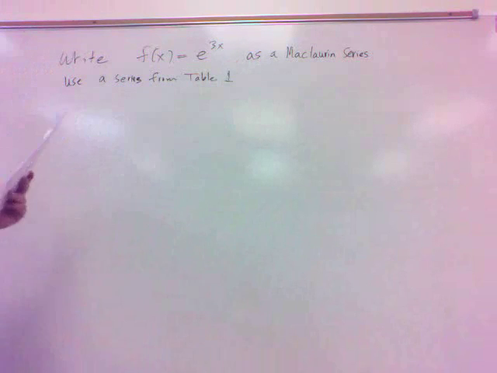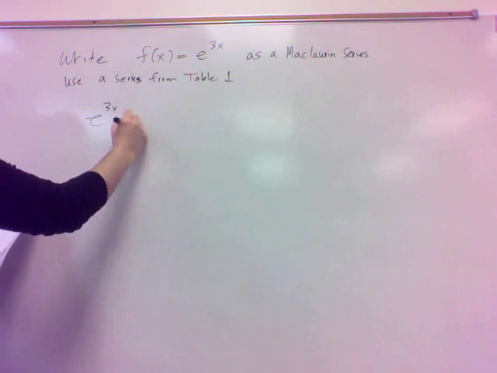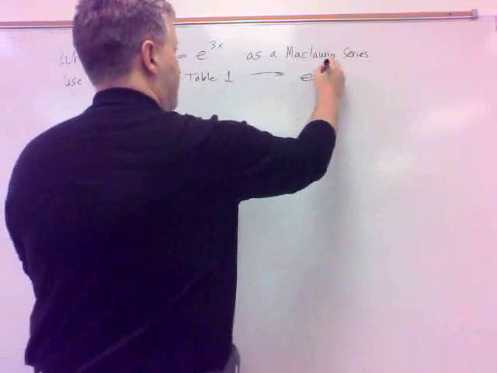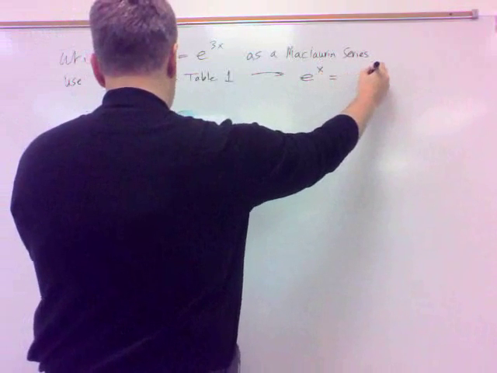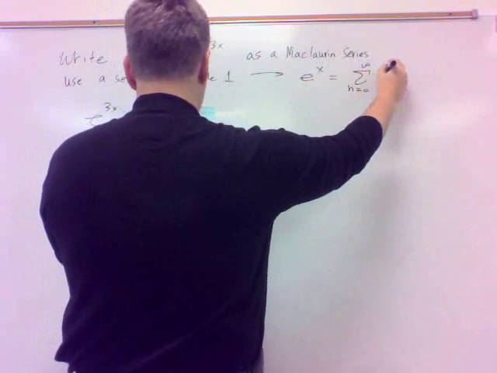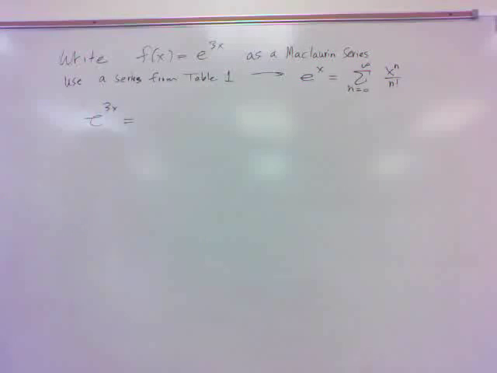Well, this turns into a nice, easy little exercise because e to the 3x equals, since I know from Table 1, I know e to the x was what? The sum n equals 0 to infinity x to the n over n factorial. That's from Table 1. From Table 1, I know that e to the x is the summation x to the n over n factorial as a power series.